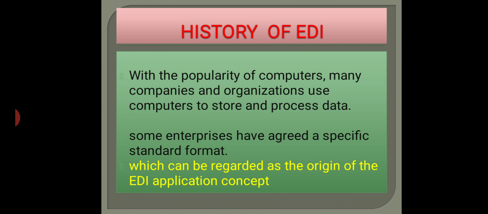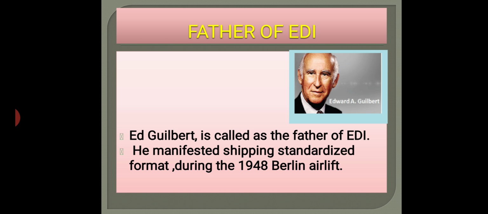As computer usage increased, many companies and organizations started using the method of EDI, that is, the electronic data interchange method. Who is called the father of EDI? Ed Gilbert is called the father of EDI, and he introduced a standardized shipping format in 1948 during the Berlin Airlift.